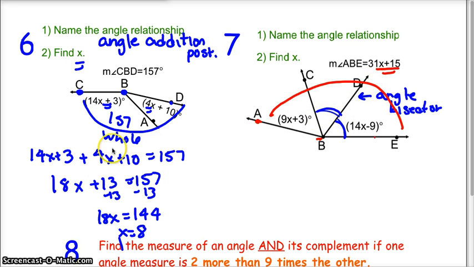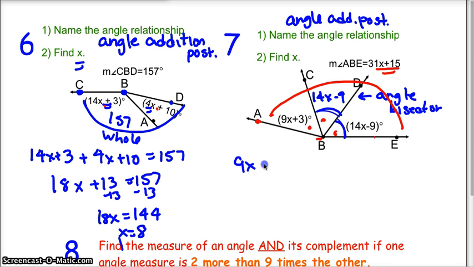But there's not just two angles, a part plus a part equals a whole. There's 3 pieces, and it works out that 2 of them are the same. So that 14x minus 9 can go here. So what you really end up having is the angle addition postulate here as well, paired with that idea of an angle bisector.